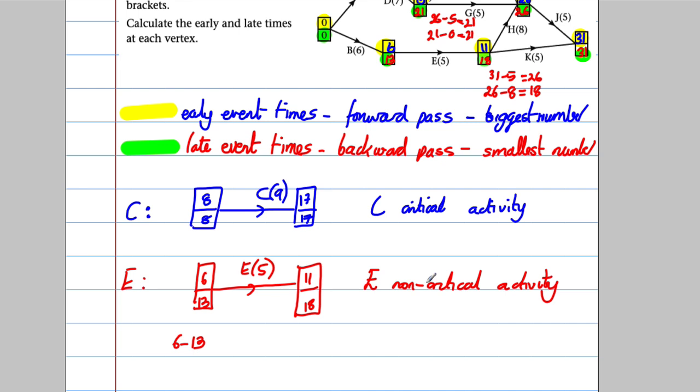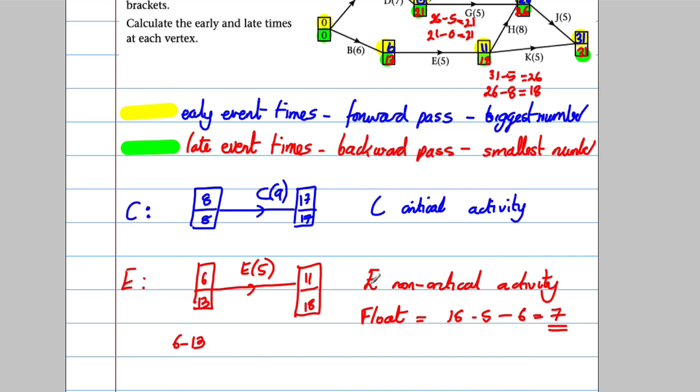There's something that you call float, and float is your sort of spare time here. Okay, so the float is the latest finishing time, in this case 18, subtract the duration of the activity, which is 5, subtract the early start time, which would be 6, and I have a float there of 7.